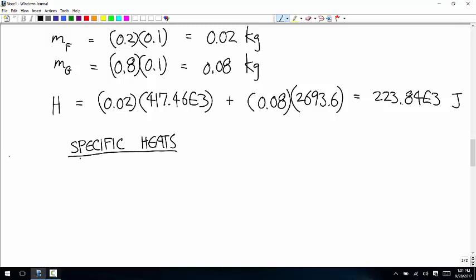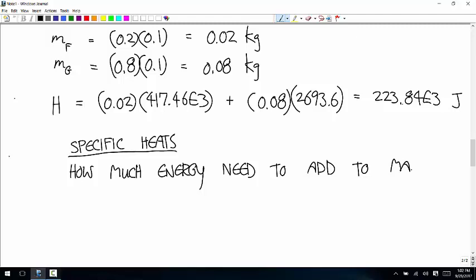The rough idea of a specific heat is how much energy has to be added to a material to change its temperature a given amount.